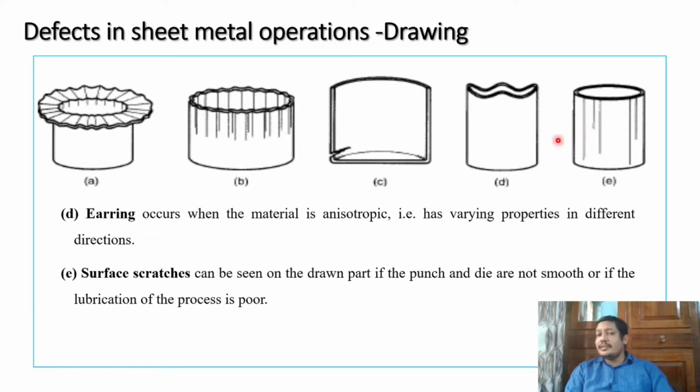And the third one also we have discussed, that is if your die or punch is not smooth enough, or the clearance is not provided properly, you can see the earrings or surface scratches, or wrinkles may happen on the sheet. So these are the common defects which you can come across on the sheet. To understand or to test it, you have to go for the formability testing procedures.